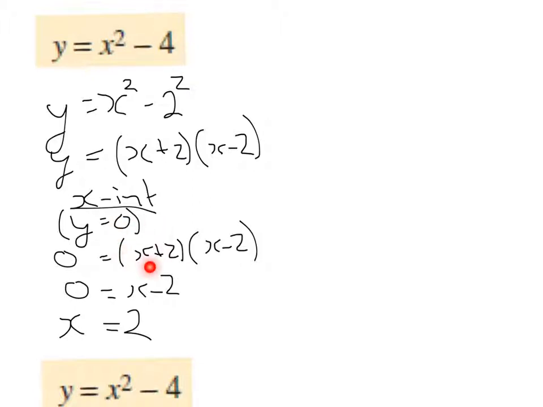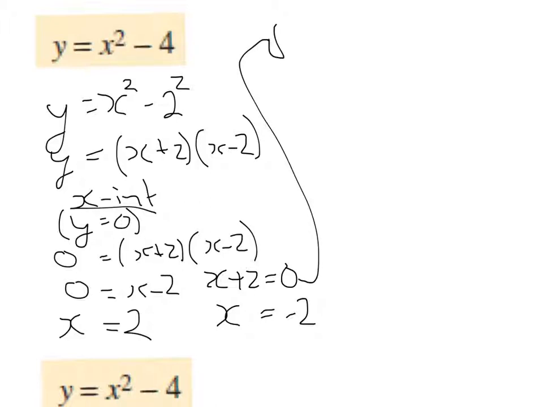Once again, if this part is equal to 0, that means this whole thing is equal to 0, which makes the whole equation true. So I'm going to write x plus 2 equals 0, and that's pretty easy to see. It makes x equal to minus 2. I'll gather from these two bits that we have the points 2, 0, and minus 2, 0. These are sometimes called the roots of the equation.